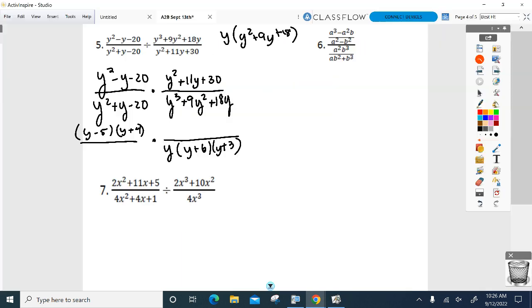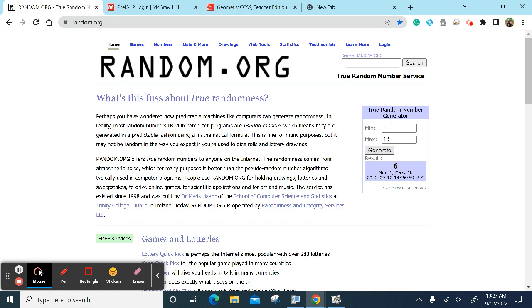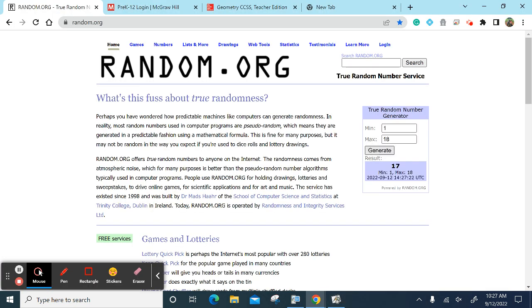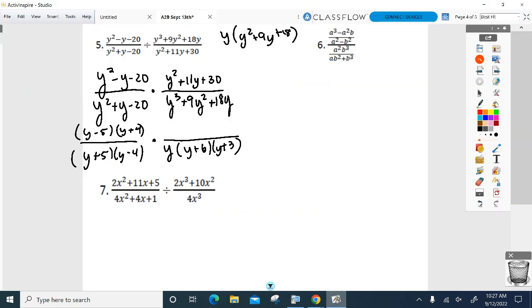What else you want to take? 6? Sure. 5 and -4. Great job. Guys are impressive here today. One more, top right. 30 and 11. 17. 5 and 6. Good job.